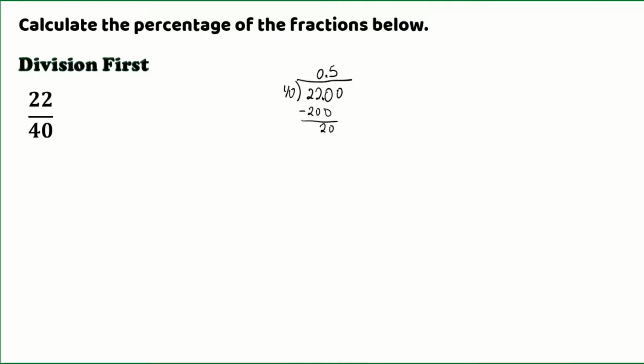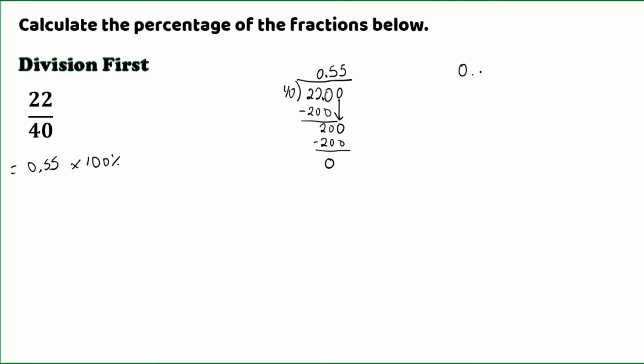We're going to add another 0, bring down that 0, changing 20 into 200, and 40 divides into 200 5 times. 5 times 40 is 200, and 200 subtract 200 gives us 0. So now that we have our fraction as a decimal of 0.55, we're going to be multiplying that decimal number to our 100%.